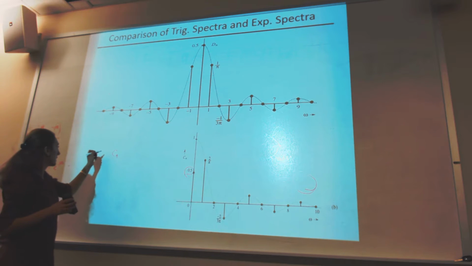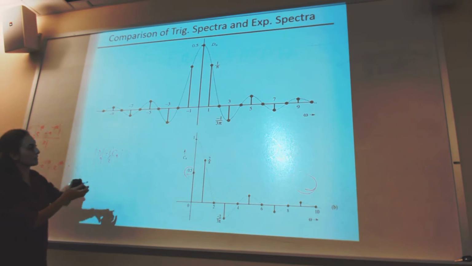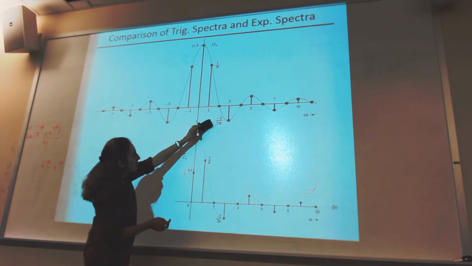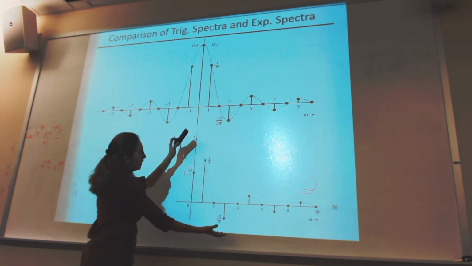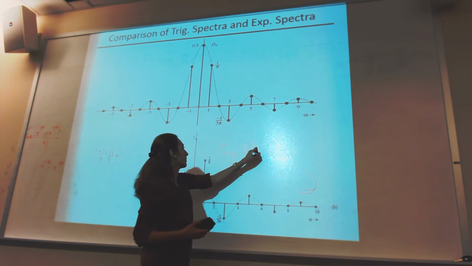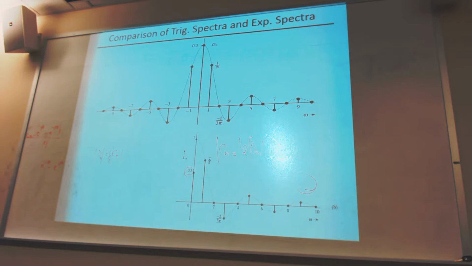Remember we said that the magnitude of Dn is half of this; this one is twice that. So the same thing happens here. This is 2 over pi, this is 1 over pi. Minus 1 over 3 pi, minus twice that. So this is twice the magnitude. And in this case, both of them have the phase equal to 0.